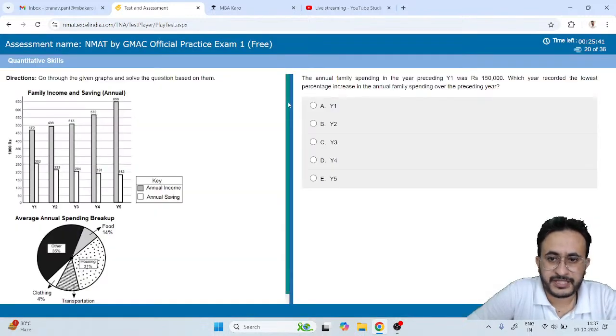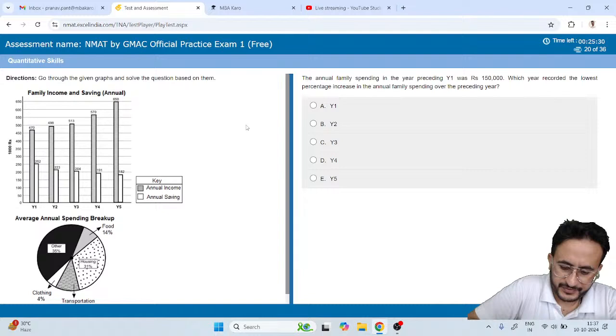The annual family spending in the year preceding Y1 was 1,50,000. Which year recorded the lowest percentage increase in the annual family spending over the preceding year? The first year it is 150, then Year 1 it is 218. Year 2 the spending is 275.